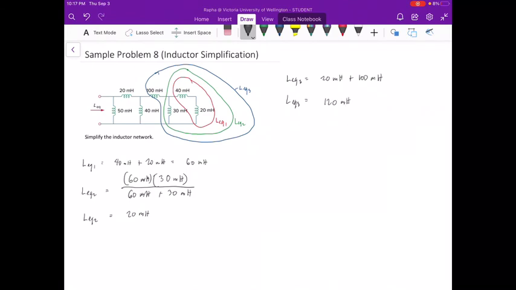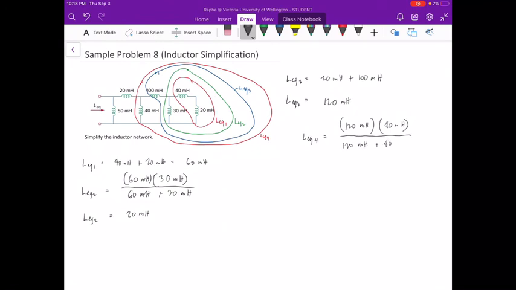And then we have another inductor in parallel to it. We call that our LEQ4. It becomes really messy. LEQ4 is a parallel sum between 120 millihenries LEQ3 and 40 millihenries in the diagram. So parallel sum of these two inductors. Our LEQ sub 4 then is equal to 30 millihenries.